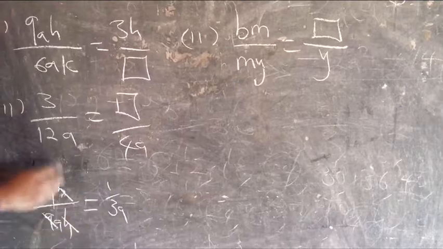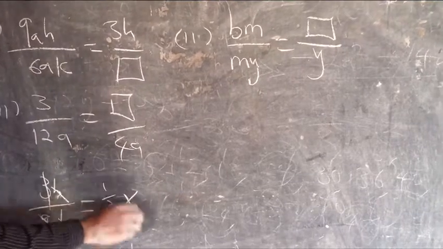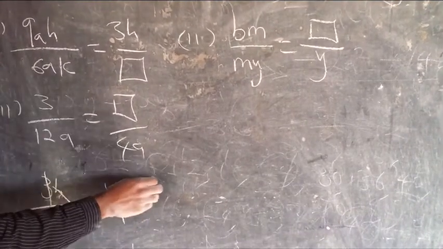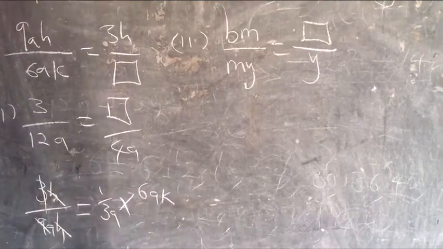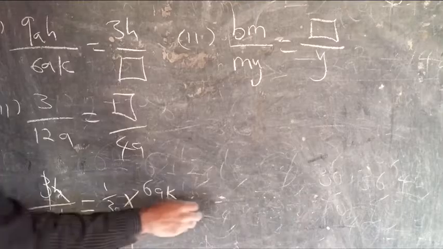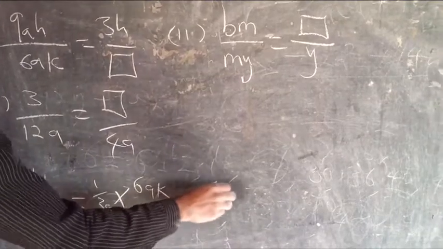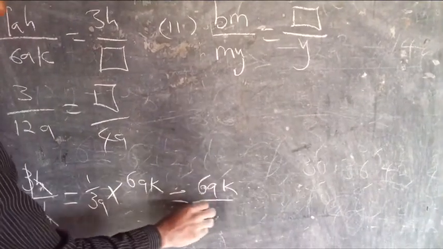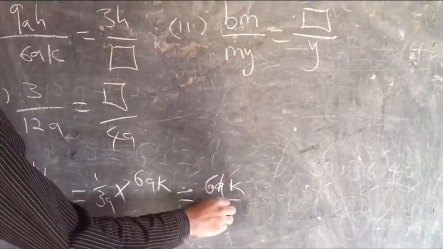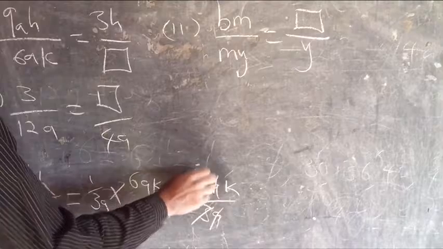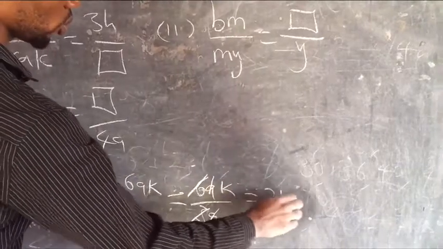Now this 1/3a we will multiply by this one, by this guy. We get 6ak. So if we do this multiplication, we will get 6ak/3a. So this a will cancel this a. 3 here cancels 3 here, it will be 2, we'll get 2k.